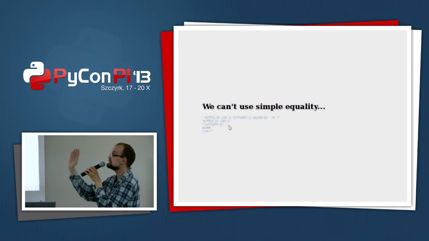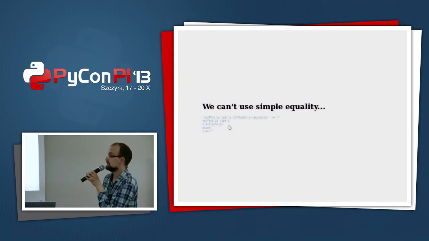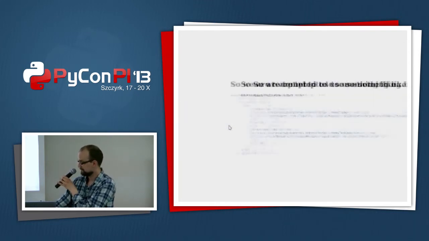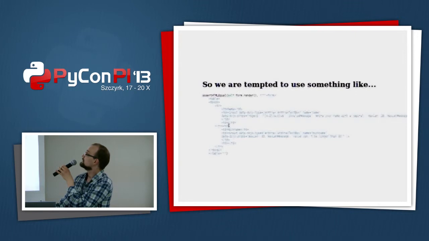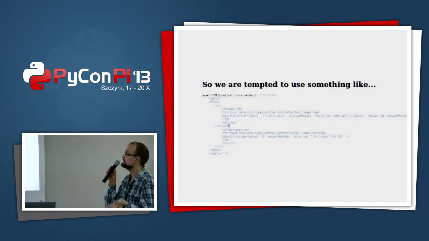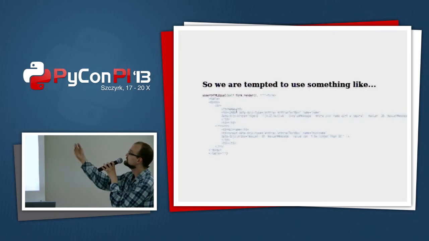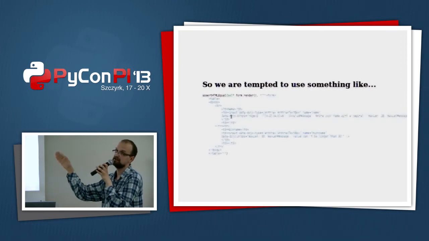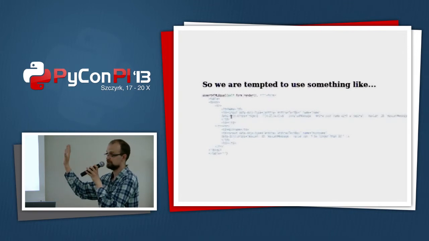Every browser would display them the same, so we can't just assert equal and put the strings here. There is another idea. Let's use some kind of assertion that would compare HTML in some more intelligent way.